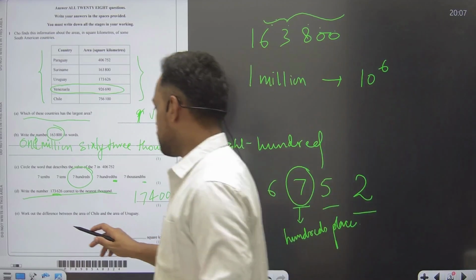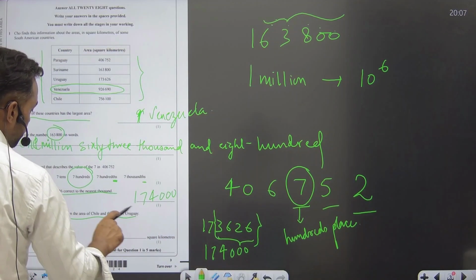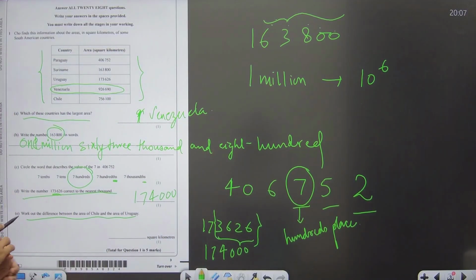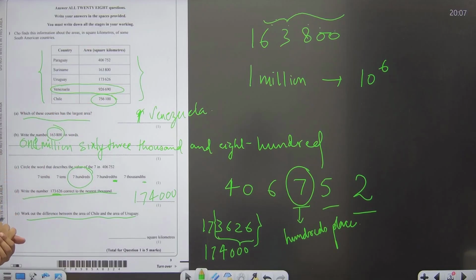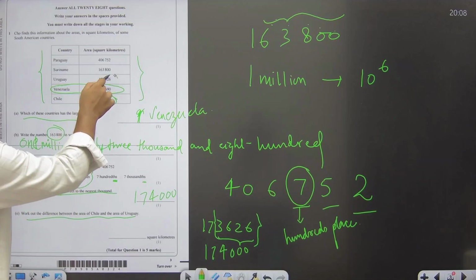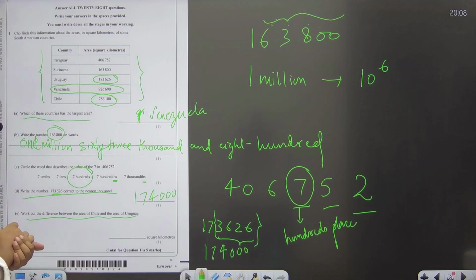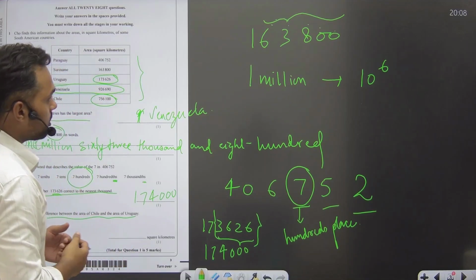The next question is to work out the difference between the area of Chile and the area of Uruguay. Here the area of Chile is given as 756,100 and Uruguay is 173,626. Now we need to find the difference.